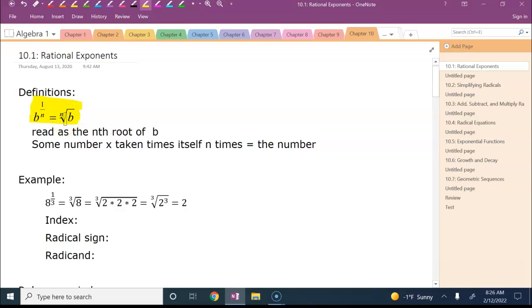So this could be something raised to the second power, third power, fourth power, fifth power, and so on. How we would read this specific one is that it's the nth root of b, because again that n could change everything. Now technically there's a 1 sitting right there next to the b.